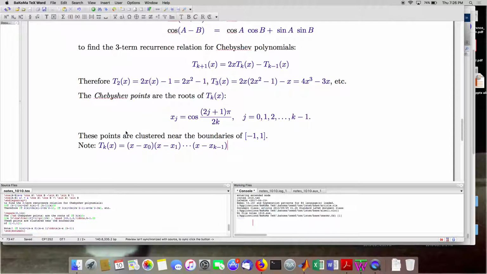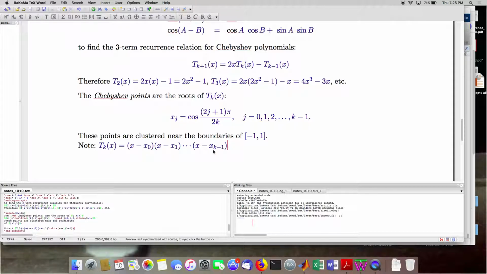Because if I know the roots, I know the polynomial, because I have a factorization. Except, there's one thing wrong with what I've just written here. If I take these linear factors and multiply them out, you should be able to tell what the leading coefficient will be. What is the leading coefficient of this if I multiplied it all out?